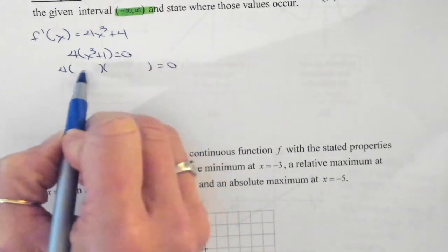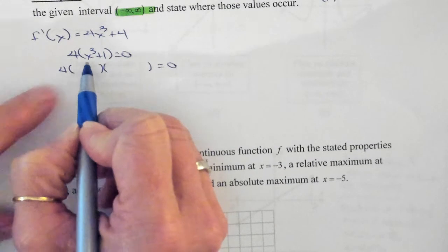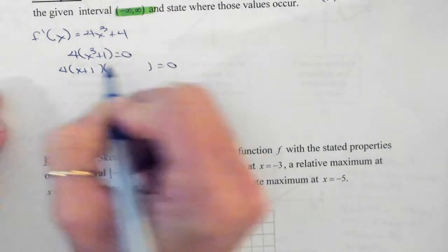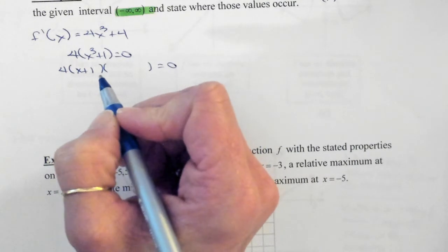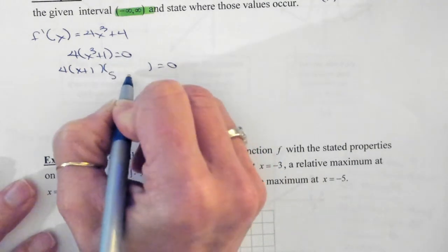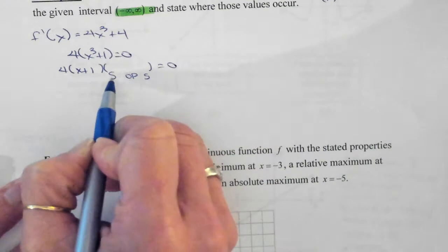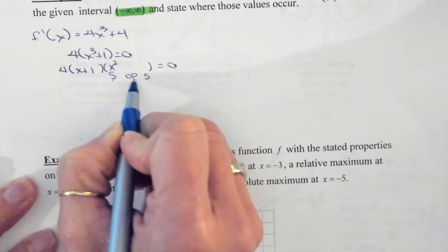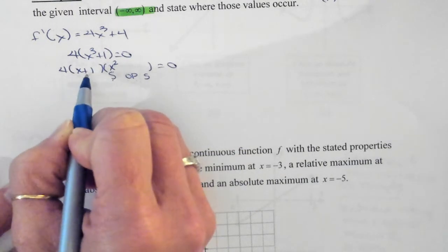How do I get what goes in here? Yeah, it's the cube root of both of those terms, right? So it's going to be x plus 1. Here is SOPs. This means square the first term, so it's x squared. OP means opposite of the product.